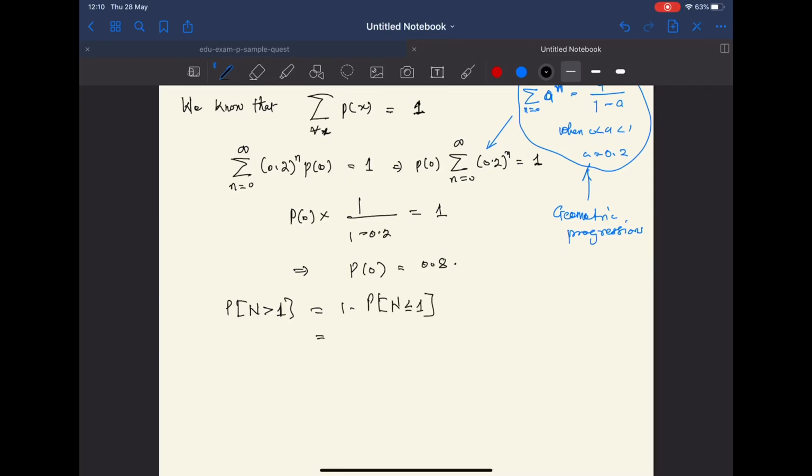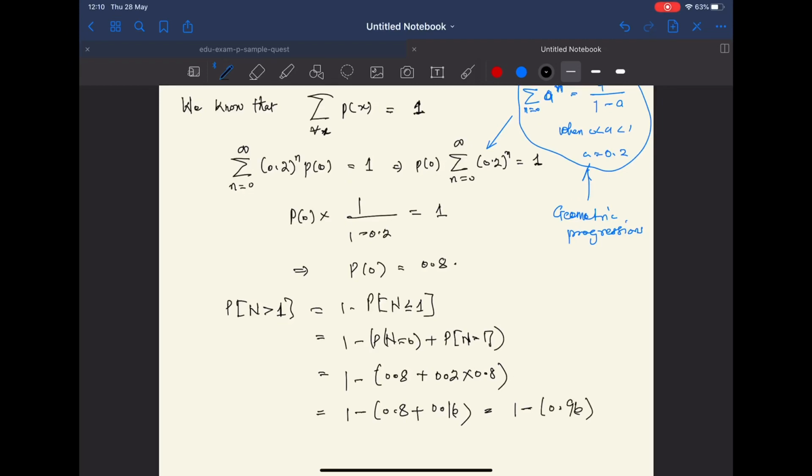So you agree with me, this is 1 minus the probability of n equal to 0 plus the probability that n equals 1, right? And this is 1 minus 0.8 plus 0.2 times 0.8 that we know. And this is 1 minus 0.8 plus 0.16. And this gives us 1 minus 0.96, and our answer is 0.04, right?